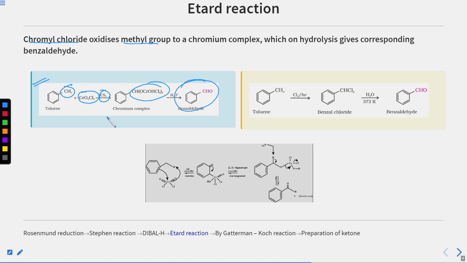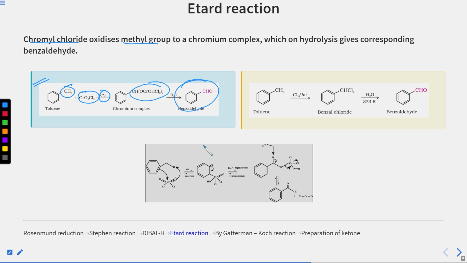Because if there was a formation of any intermediate which is positively or negatively charged, then there must be a polar solvent that would stabilize the intermediate. But since this goes through a concerted mechanism, it is more efficient than your normal reaction, because it goes in one step. So your yield is very high.